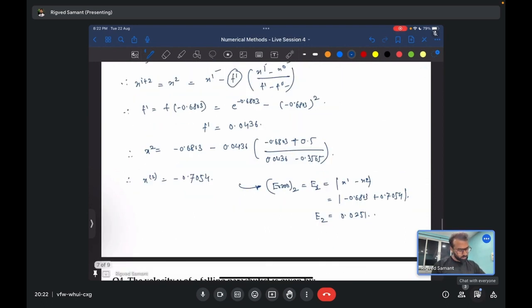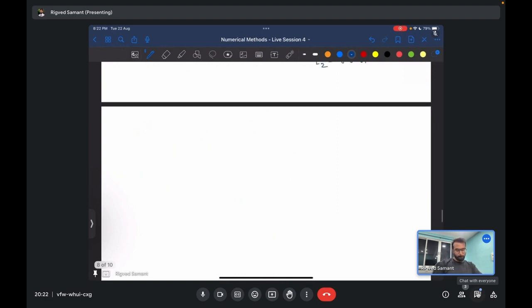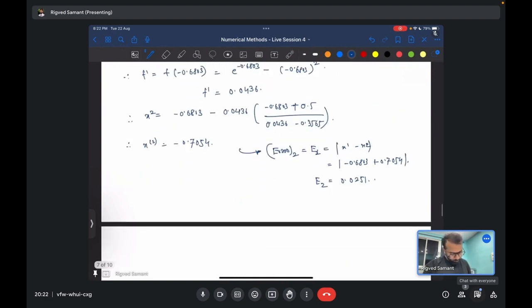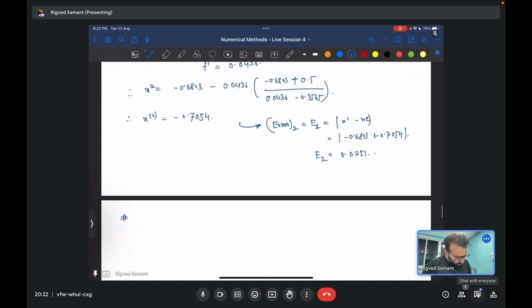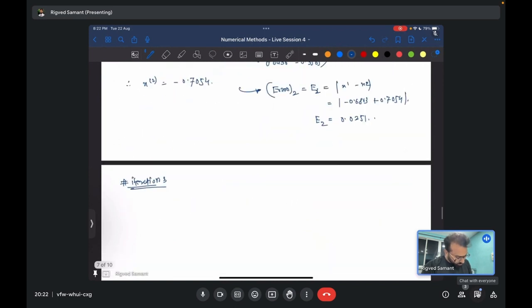Similarly, iteration 3. So iteration 3 is pretty straightforward now. What will be your x2?